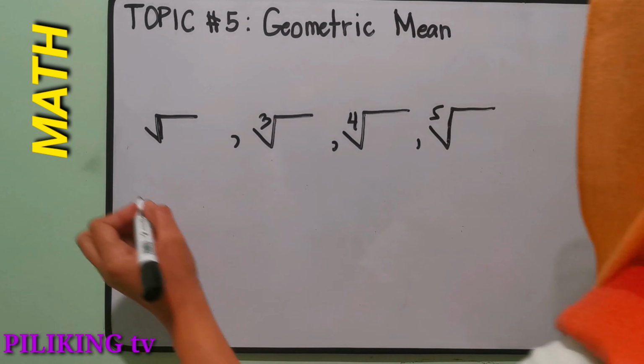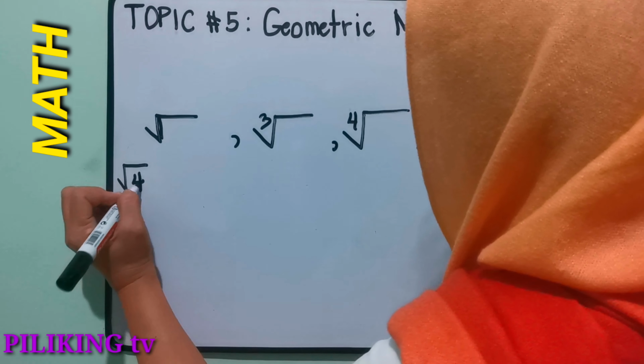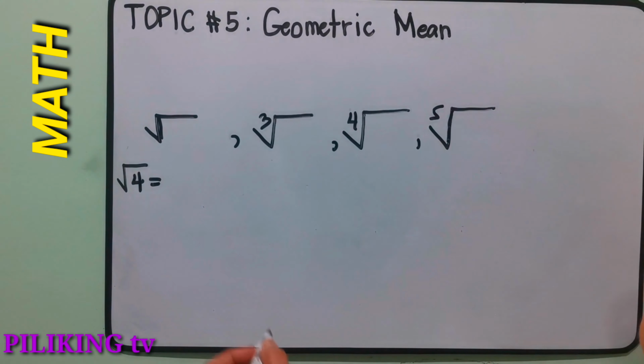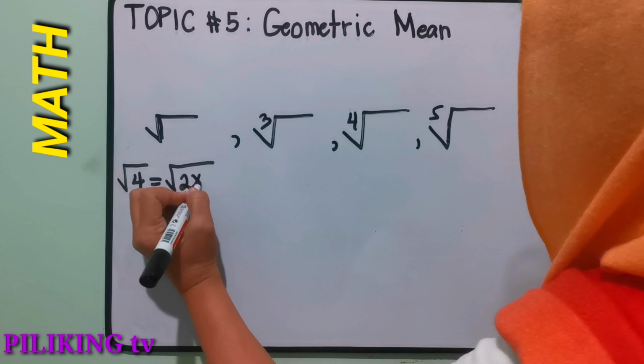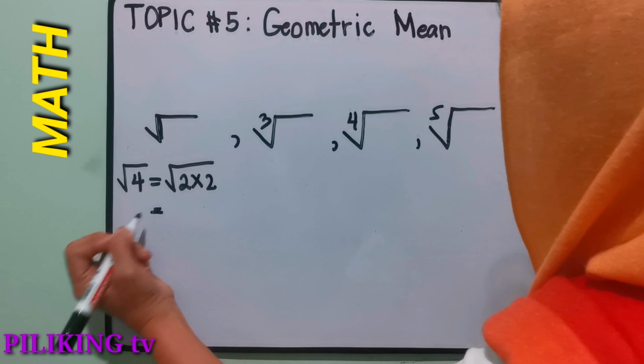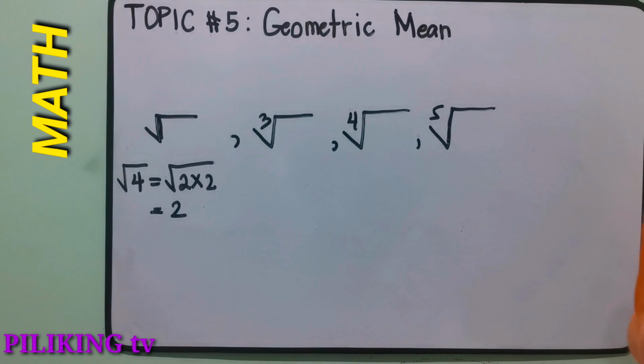How do you find the square root of 4? The square root of 4 can be factored as the square root of 2 times 2. Therefore, the square root of 4 is equivalent to positive 2.